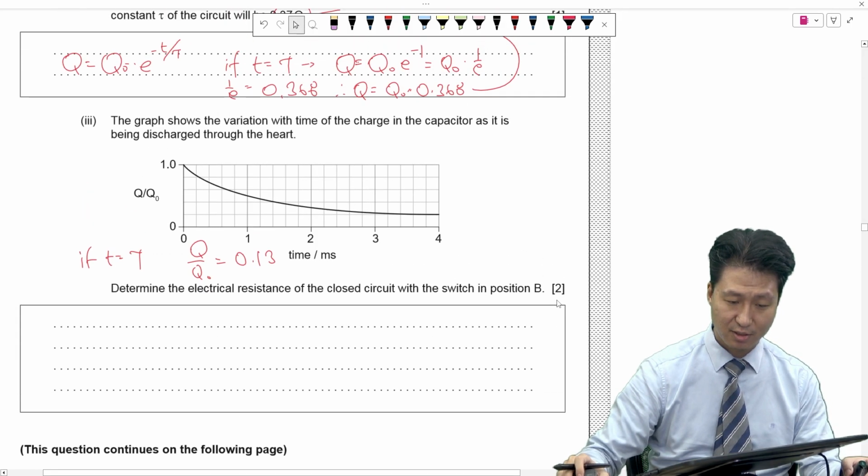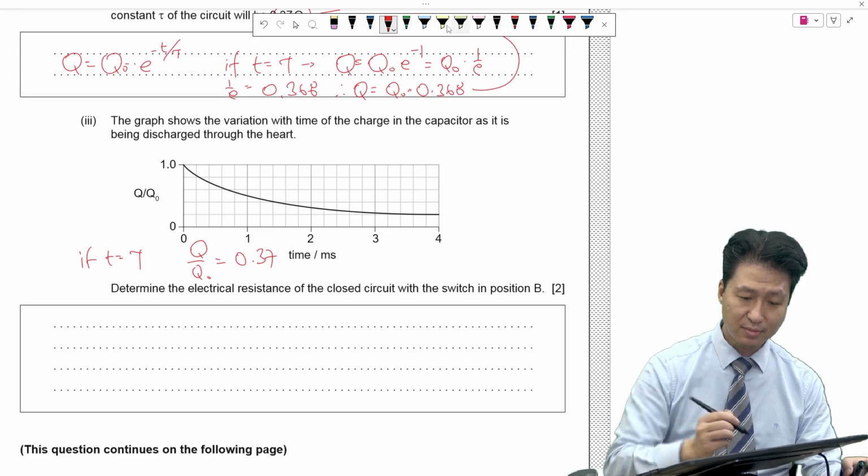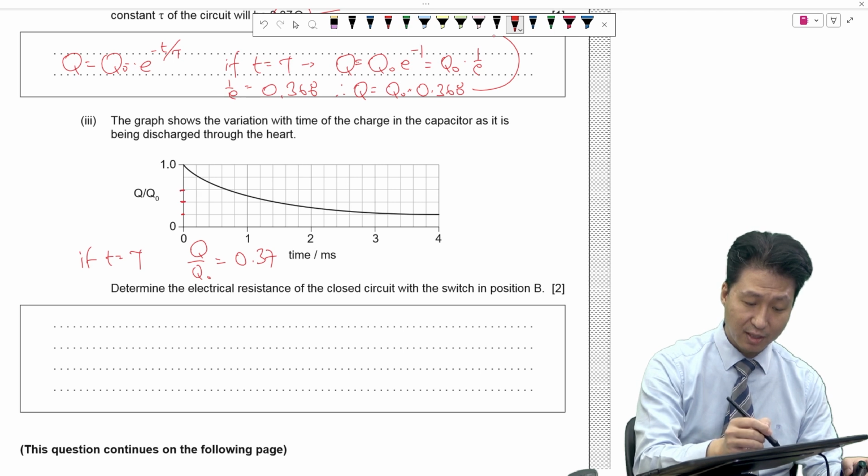Was it? 0.37. So we have to find where this is equal to 0.37. The units are 2. So it'd be somewhere approximately around here at 1.6 milliseconds.